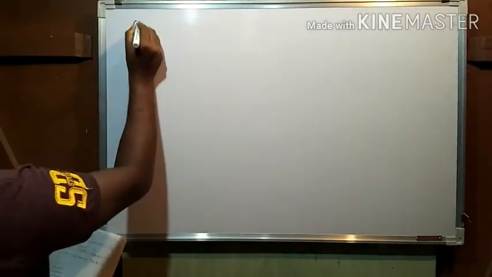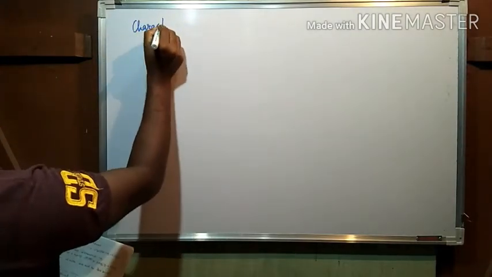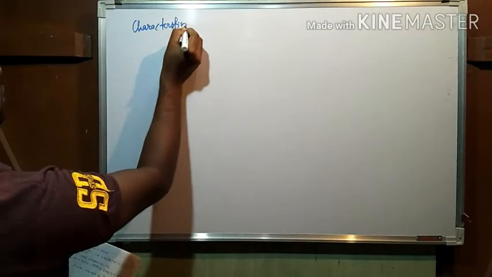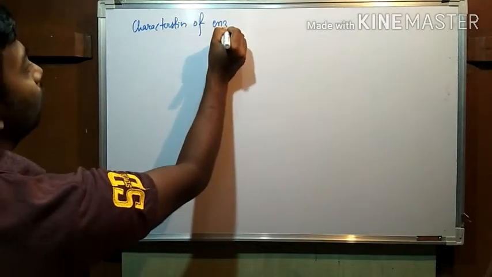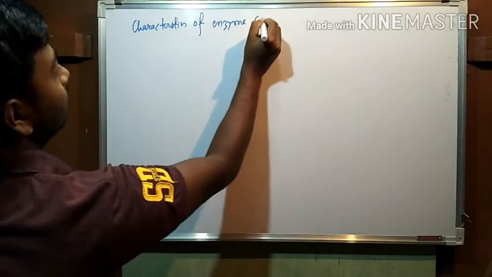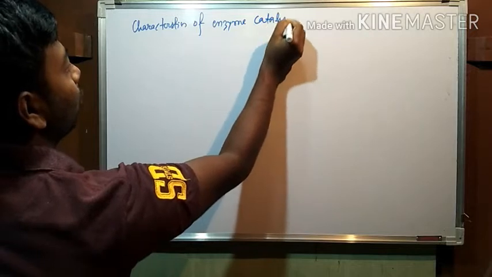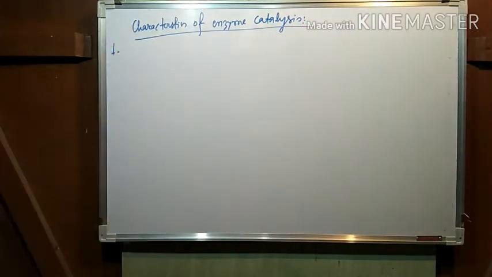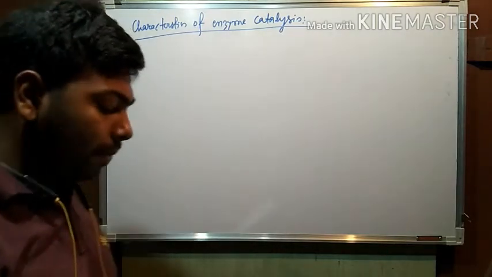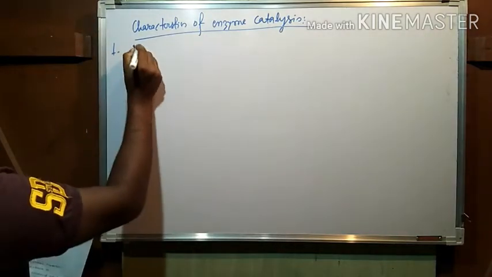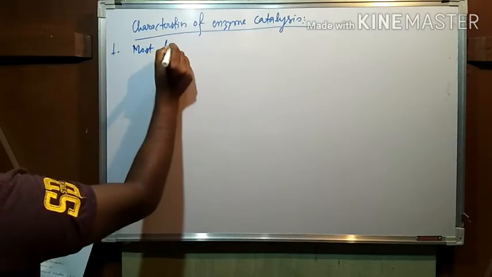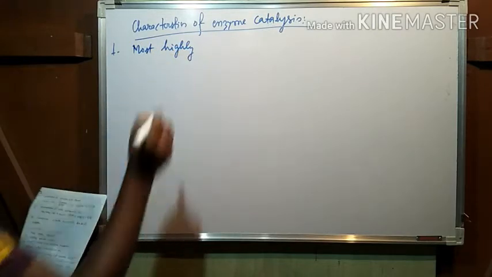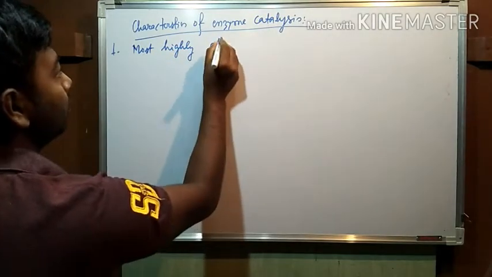Suppose I'm writing characteristics of enzyme catalysis. Okay, first characteristic is that it is highly efficient.